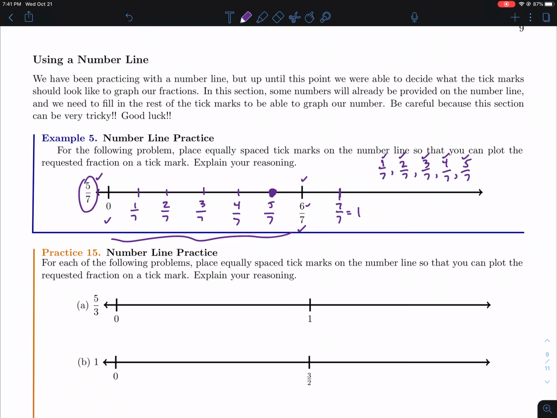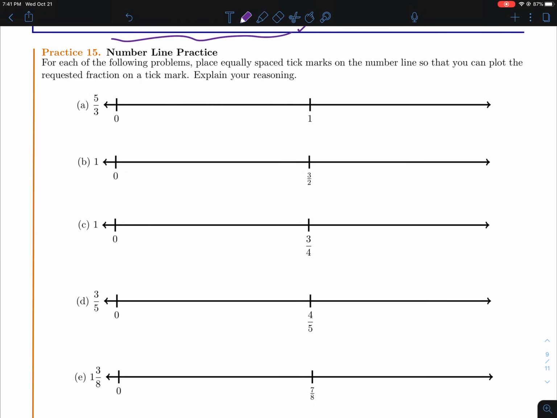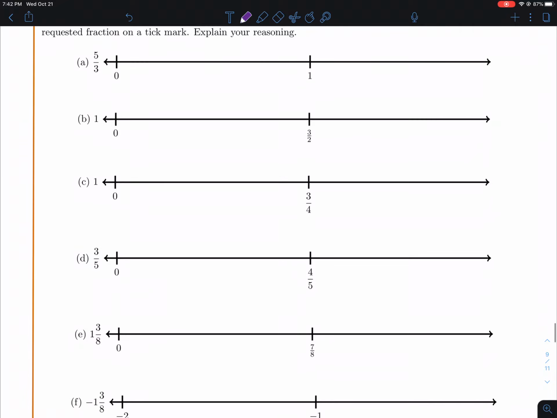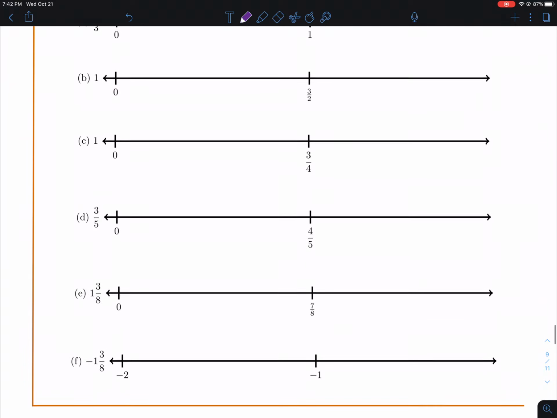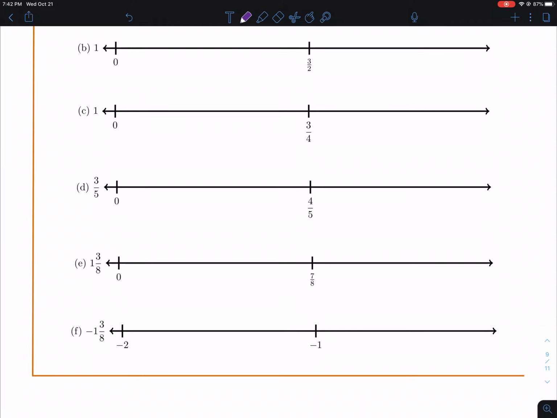So again, be careful on this one because this can be a little tricky. And I've got a variety of things. Like the first one, you've got 0 and 1, then 0 and 3/2, 0 and 3/4, 0 and 4/5. So there's all kinds of different numbers, like -1, -2. So be really, really careful when you're dividing this up.